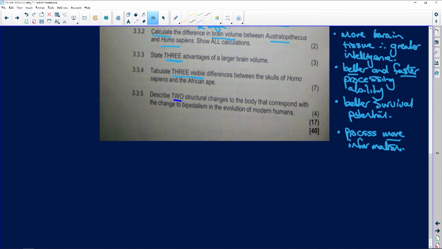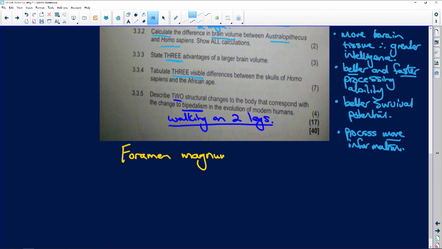Now, people, bipedalism means walking on 2 legs. Okay, so when they're walking on 2 legs, the first thing that's going to happen is that the foramen magnum, you're not going to be able to see this, let's go yellow, foramen magnum is the hole at the base of where the spine enters into the brain, into the skull. That is the foramen magnum, it's the hole.